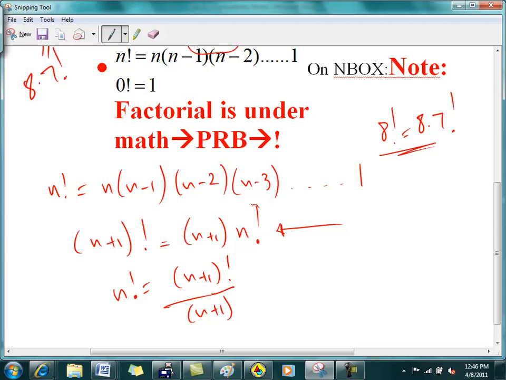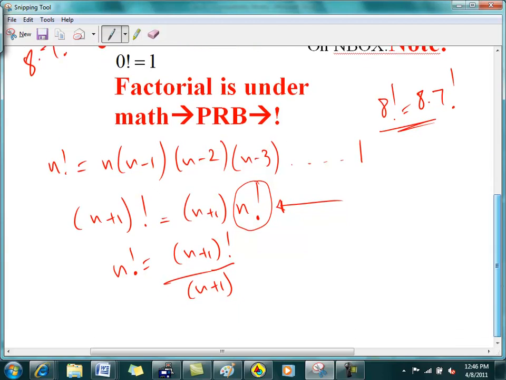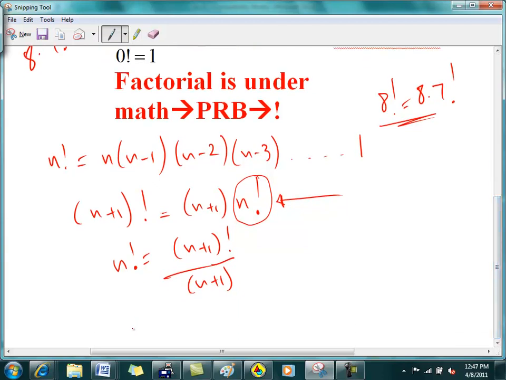See how I isolated this, Ryan? Is everybody with me on this? Now, Stephanie, if I put n equals 0 in here, then I get 0 factorial. Because n is 0.